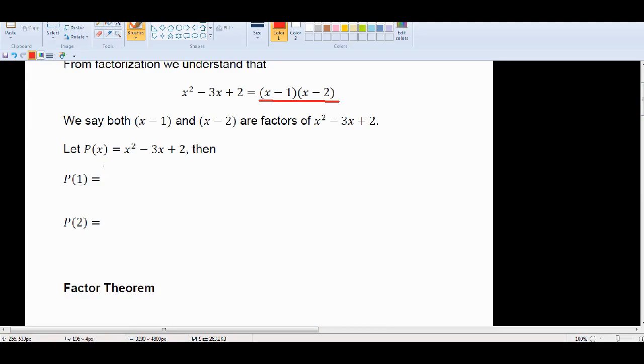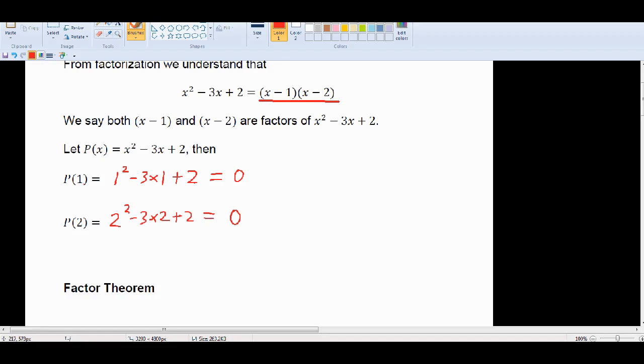If you put 1 into the polynomial, you will see that the answer will be 0. And if you put 2 into the polynomial, you will see that P(2) is also 0.